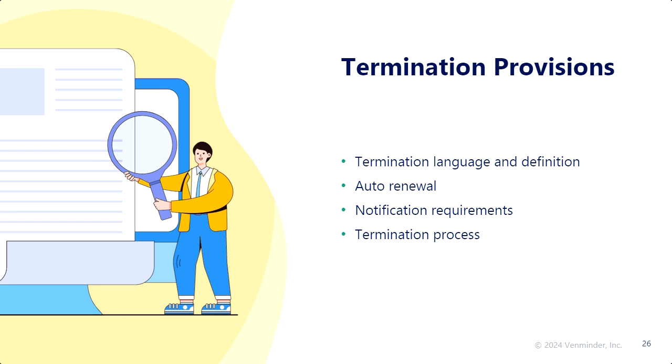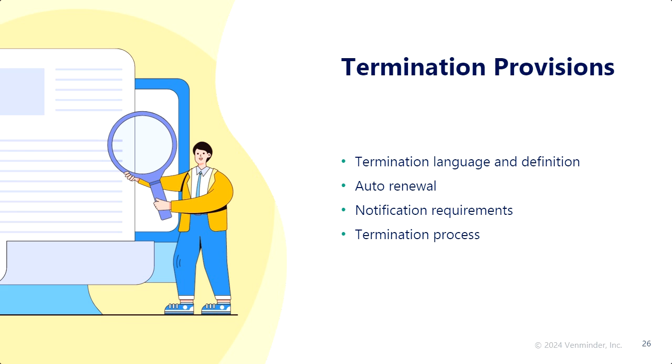What we're seeing around auto renewal these days is that it's becoming more and more of a negotiation item, and we're finding more and more of our customers that do not want auto renewal language included. So be sure you know what to expect with that, with your own policies, with your own program, and making sure that happens with your vendor contracts.